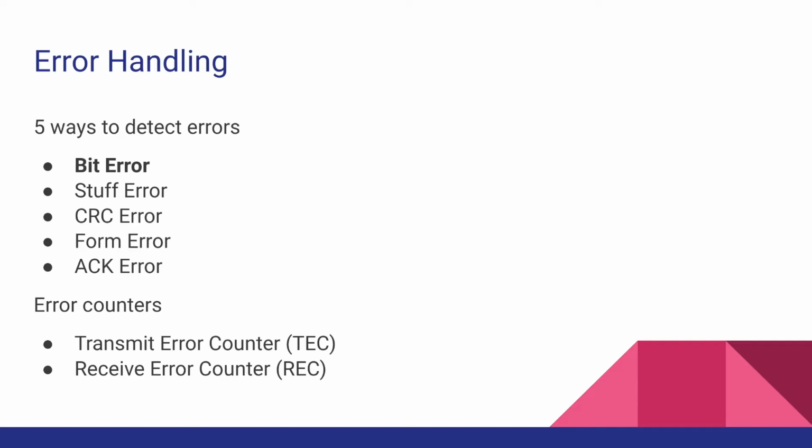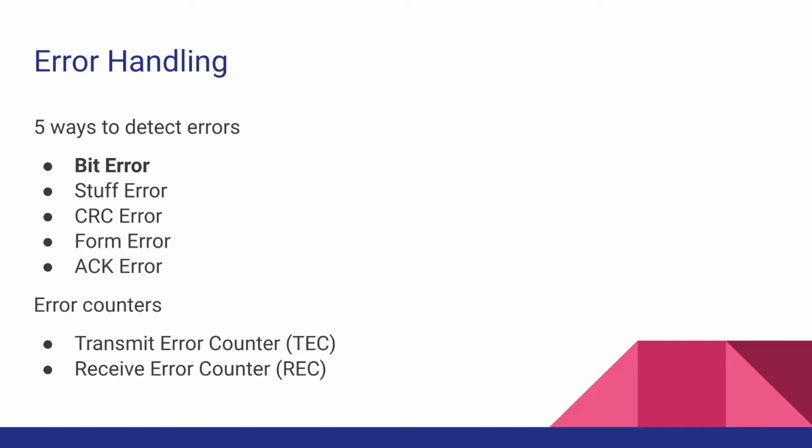Similarly, the form error is when there is something wrong with the frame, such as the CRC or the IFS being different than what's expected. And the acknowledgement error is when a node transmits a message, any node that has received it issues a dominant or 0 bit in the acknowledgement slot, and if not, then an acknowledgement error is raised.